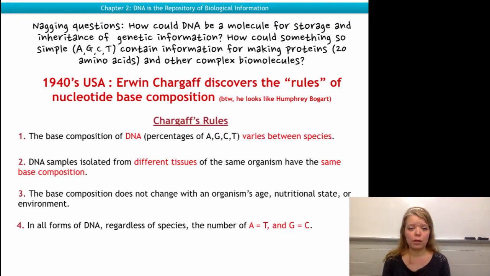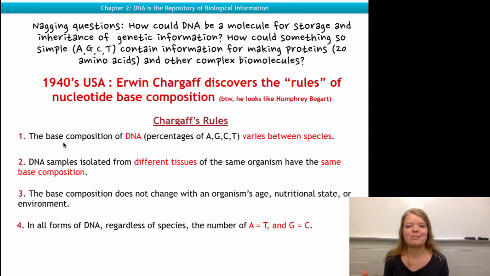He compared lots of different species, from plants and bacteria to humans, and realized first that the base composition of DNA, the percentage of A, G, C's, and T's, were different between different species, which is not surprising because our genomes are different.